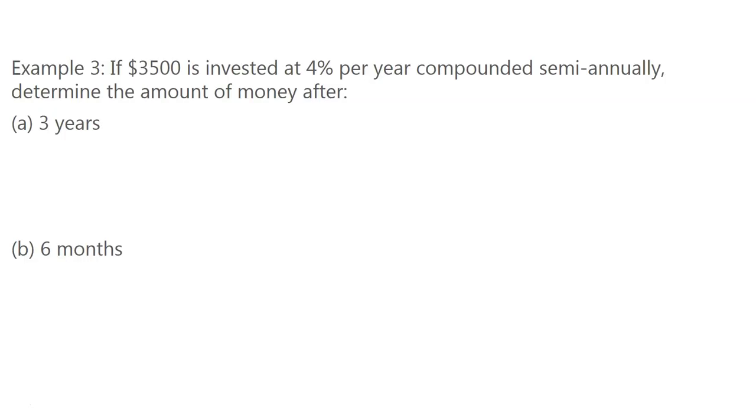Now for example 3. If $3,500 is invested at 4% per year compounded semi-annually, determine the amount of money after 3 years. I'll replace P with 3,500. Now for R, change 4% to a decimal, then divide by 2 because it's compounded semi-annually, and that means 2 times a year.